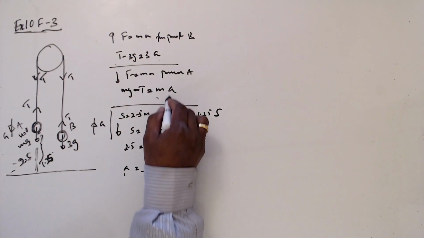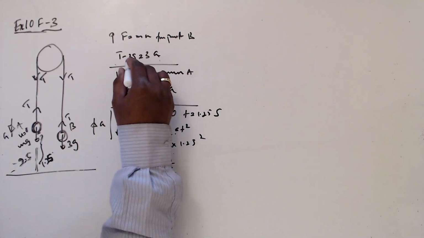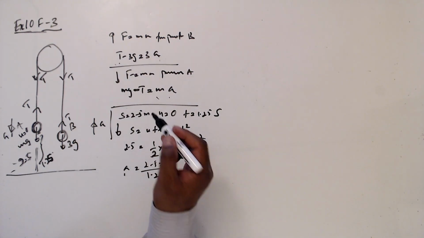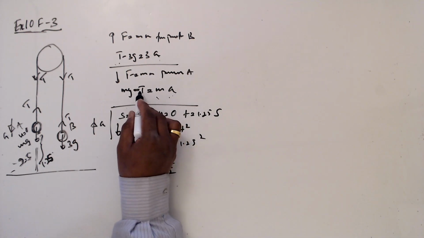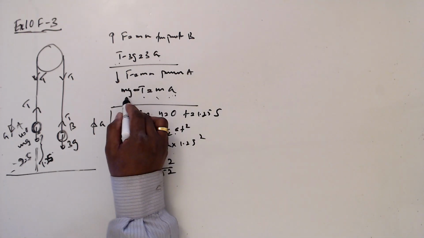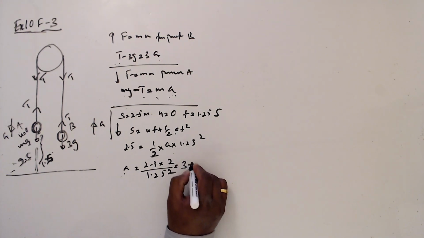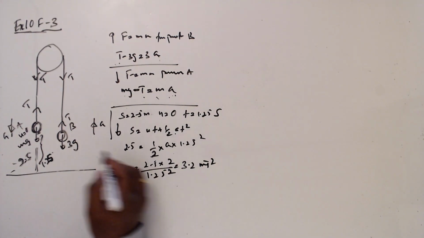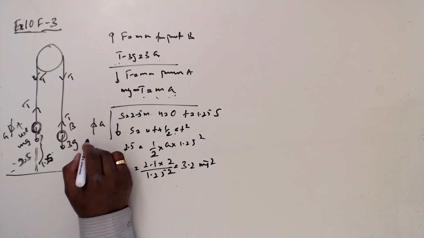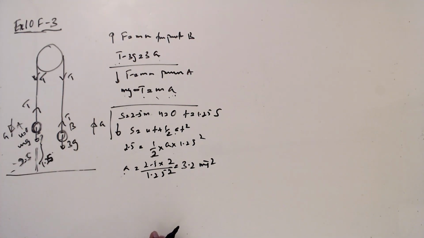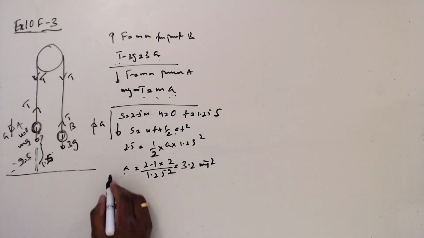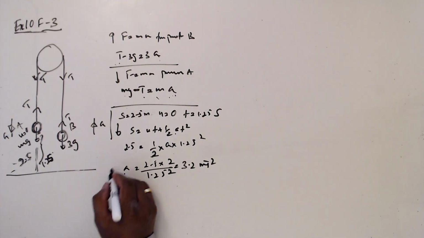Then we know a, we can substitute here. We can find tension, and then we substitute a and tension to find the m value. So those are the setup we can see. So a is going to be 3.2 m per second squared, upward and downward. So this is part A of the question.